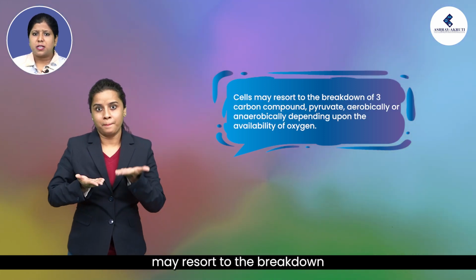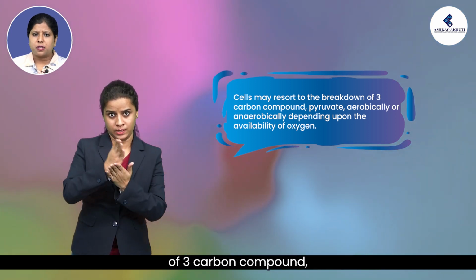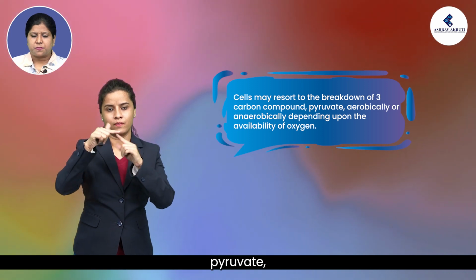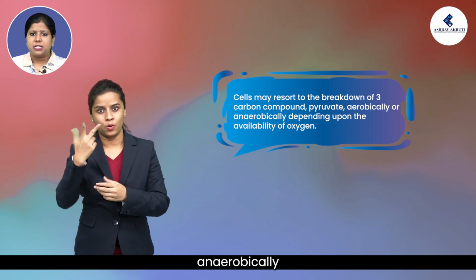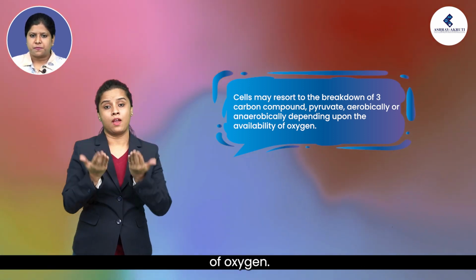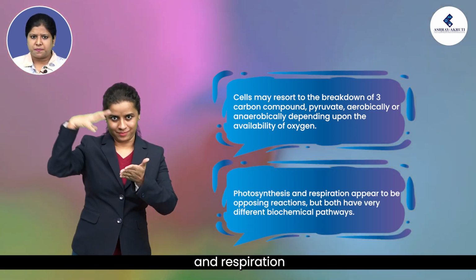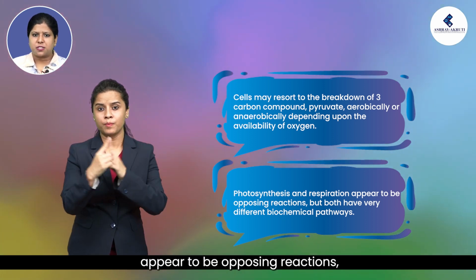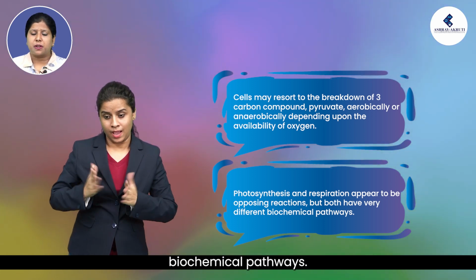Cells may resort to the breakdown of 3-carbon compound pyruvate aerobically or anaerobically depending upon the availability of oxygen. Photosynthesis and respiration appear to be opposing reactions, but both have very different biochemical pathways.